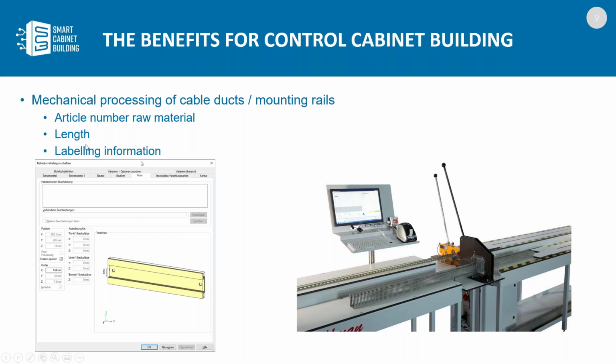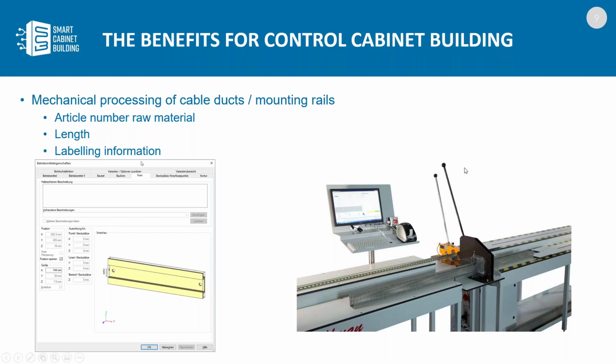The length and the labeling information is coming from the project. You don't have to do anything in the product data. And if you have those 3 pieces of information, you can send this to the machine, and there's an automatic adjustment so that you can cut these articles to the right length.